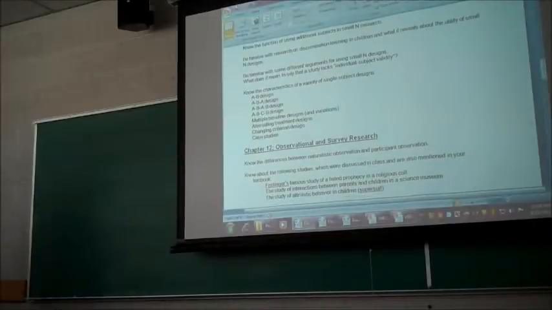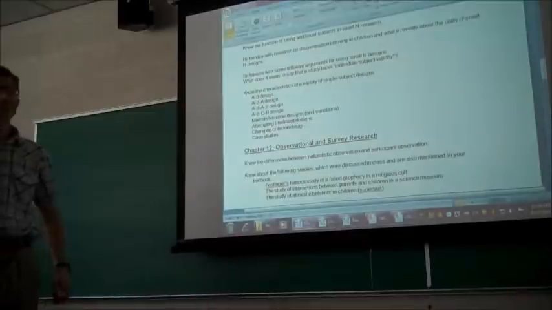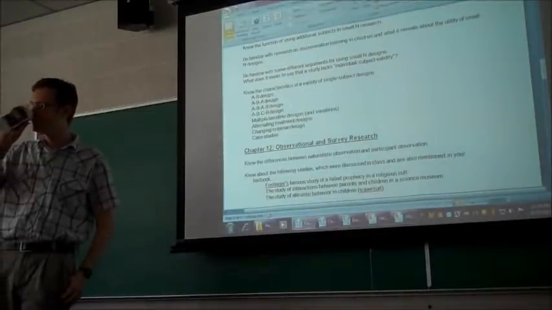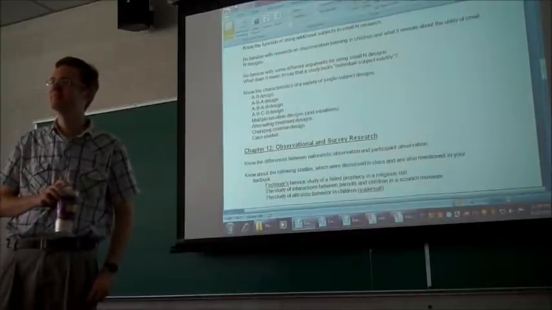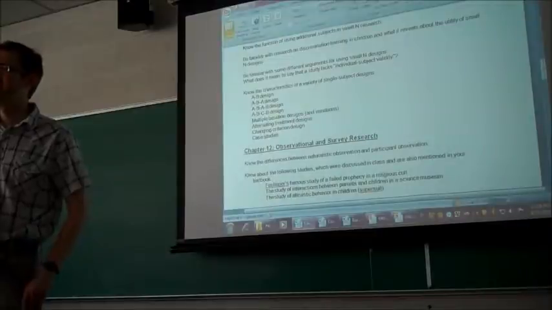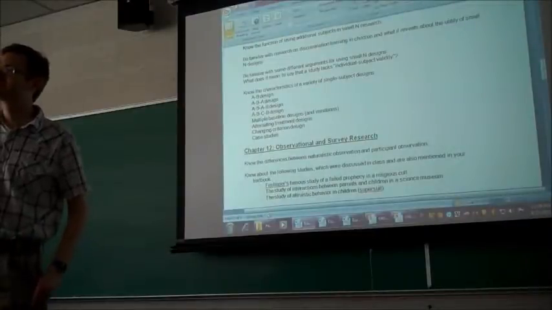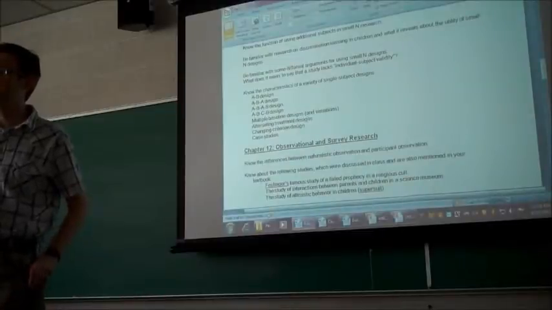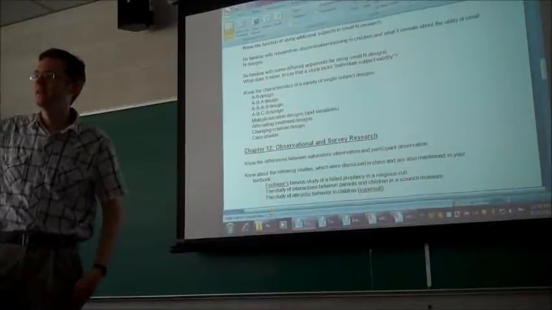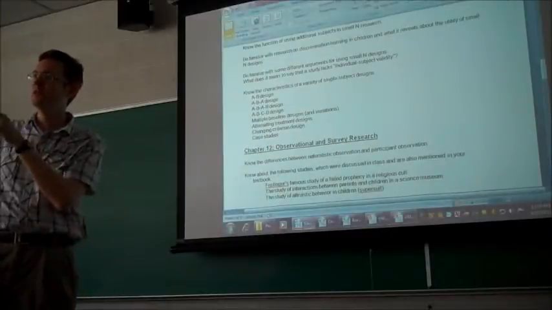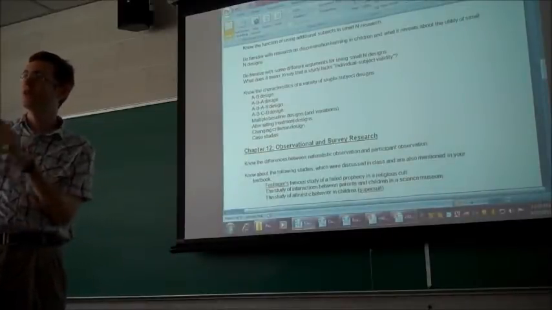What is the function of using additional subjects in small N research? Increase your amount of data and have better results, or a better opportunity of coming to accurate conclusions. That's true, but it's actually more true for the large N designs.